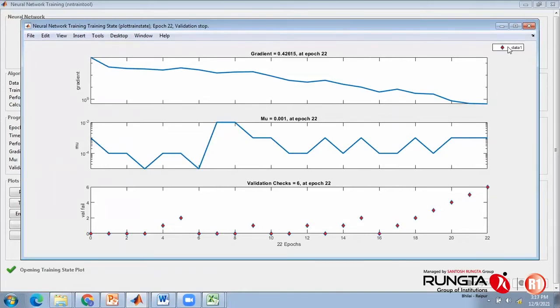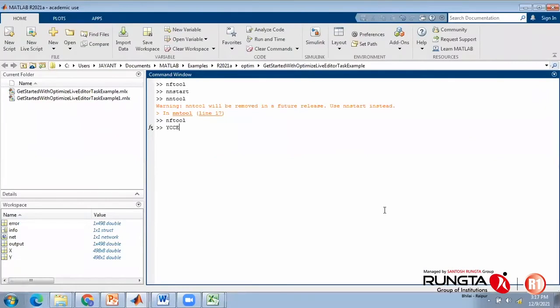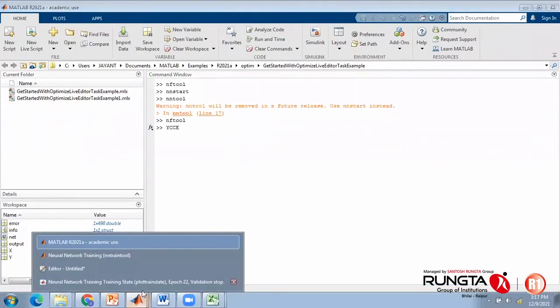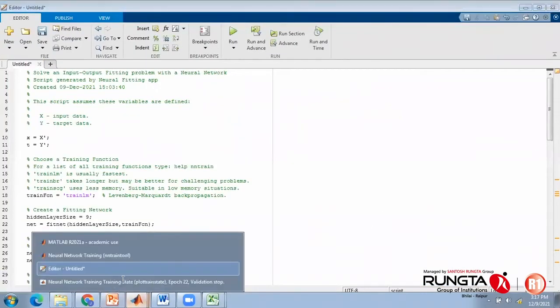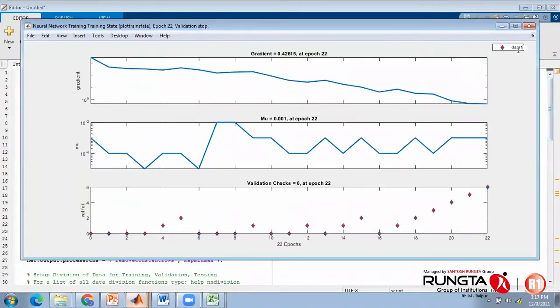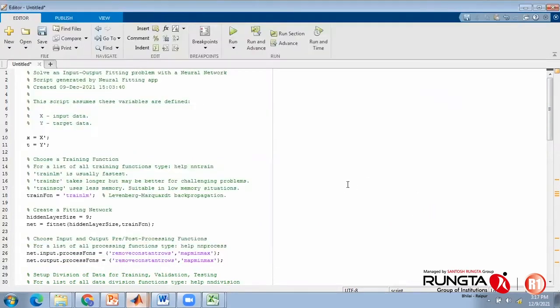Double click on this and you can name it, anything, whatever you want. That's it. Depending upon this, you can edit this entire graph and use it for a research paper as well as for the research thesis.